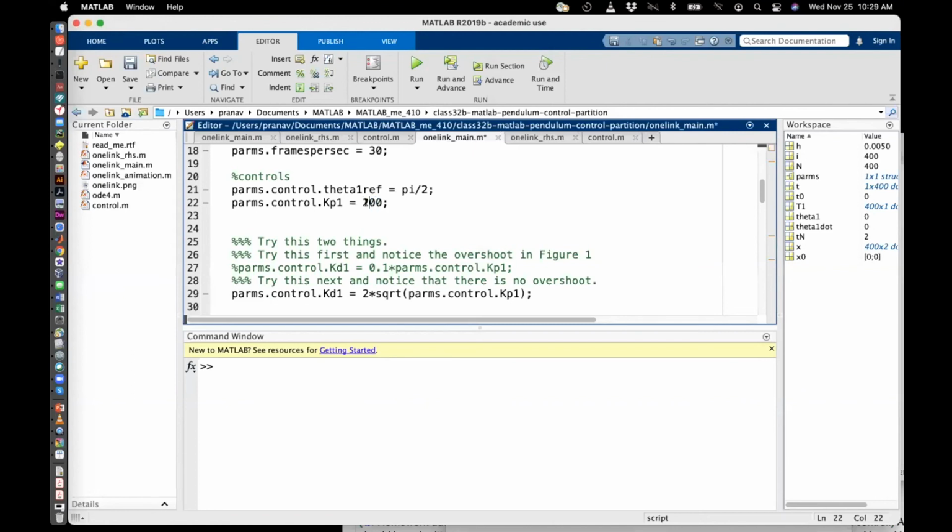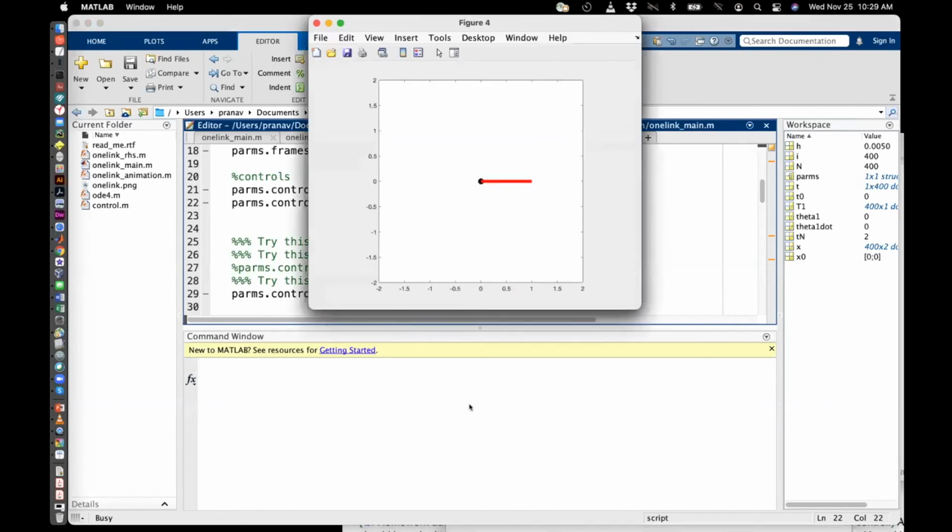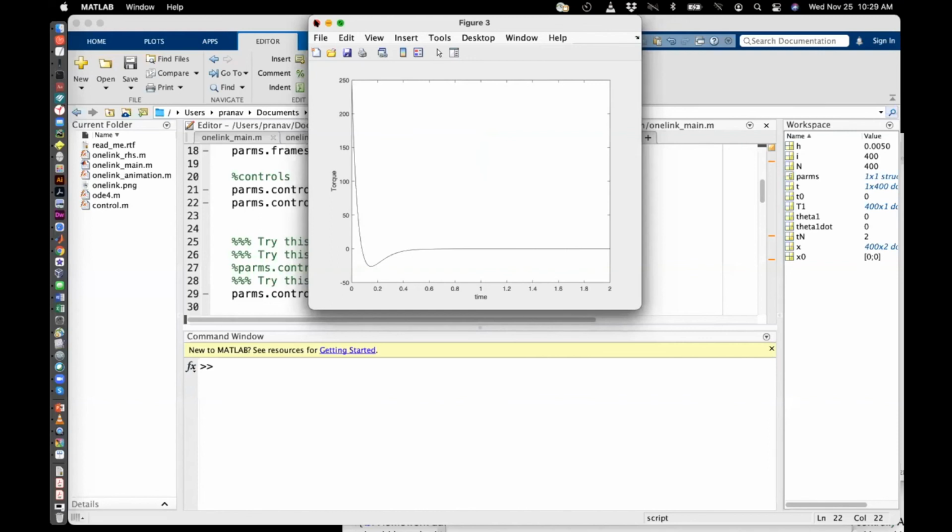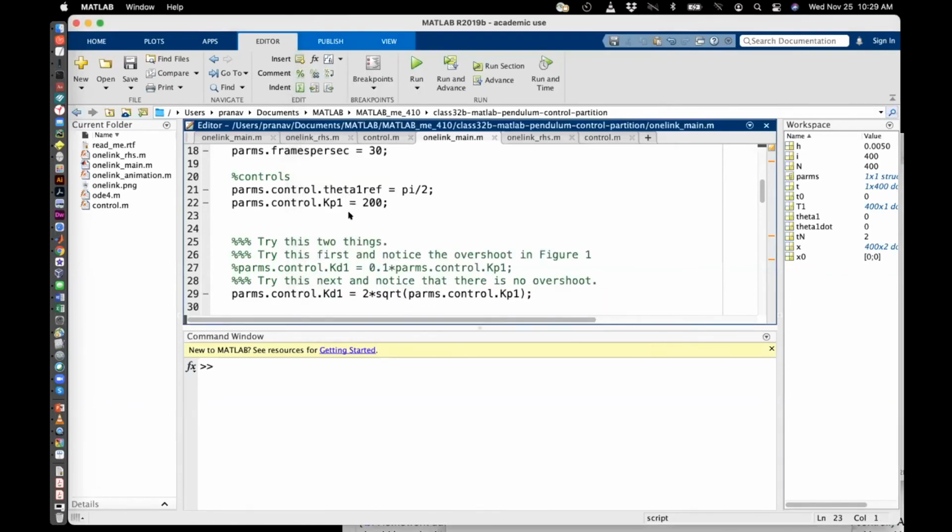Right, we'll make it 200, and then the Kd is 2 square root of Kp, and run it. Okay, it stopped. That's the torque, that's the velocity, and here's the position. It's a little less than 0.6. So you can just keep ramping this up, as I said, and get it to go much faster and faster.